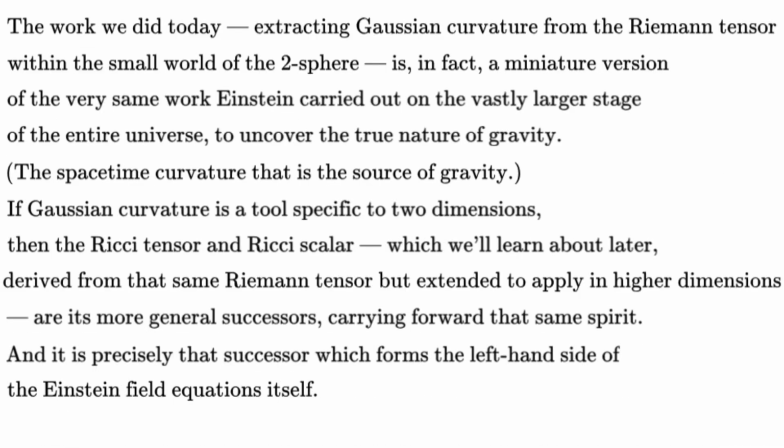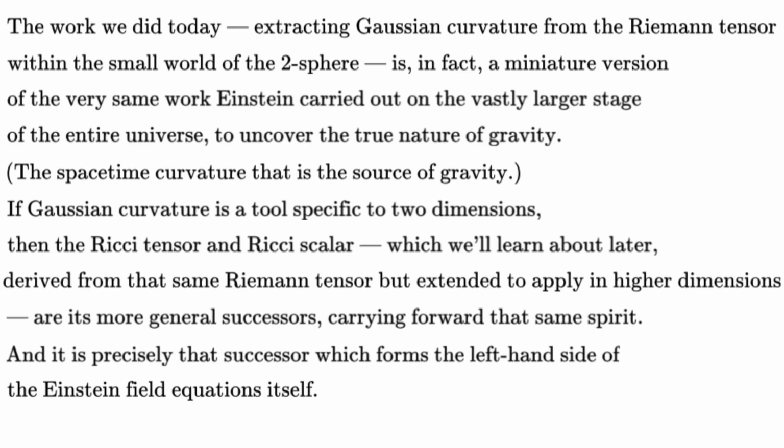The work we did today, extracting Gaussian curvature from the Riemann tensor within the small world of the two-sphere, is, in fact, a miniature version of the very same work Einstein carried out on the vastly larger stage of the entire universe, to uncover the true nature of gravity. The spacetime curvature that is the source of gravity.